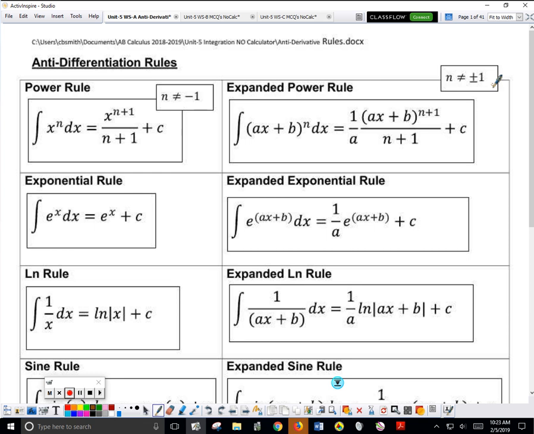The other way is quicker and easier. Got it? So expanded rule, can't use it when n is -1 because you plug in -1, you get undefined. But if it's 1, it's just not helpful, so I don't recommend it. It's not wrong.